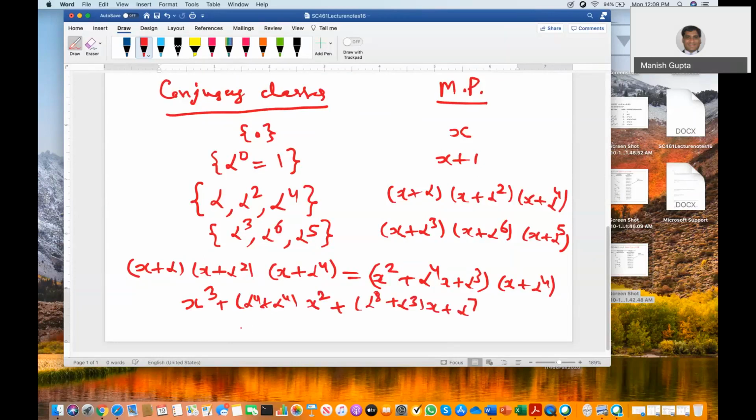Alpha raised to power 7 is 1, so this turns out to be x cube. This portion is 0. X cube plus x plus 1.